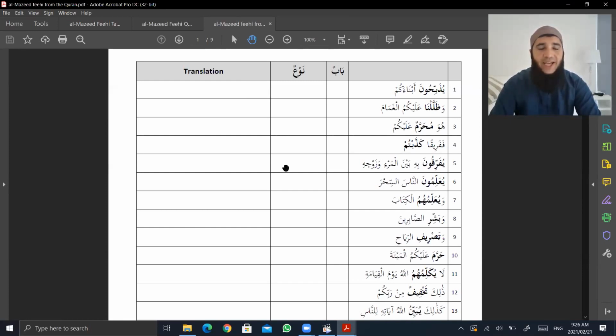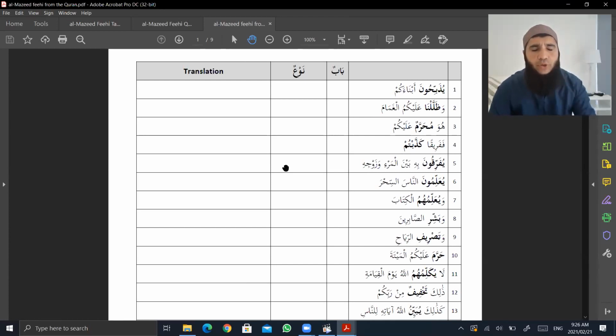The first thing is I need to identify which column I'm working with in the scale. Which column is this? Past tense, present tense, masdar, amr, nahi. I identify that, and once I identify that, I can go down the scale to the exact verb I have in front of me. So for example, here I have the word يُذَبِّحُونَ.